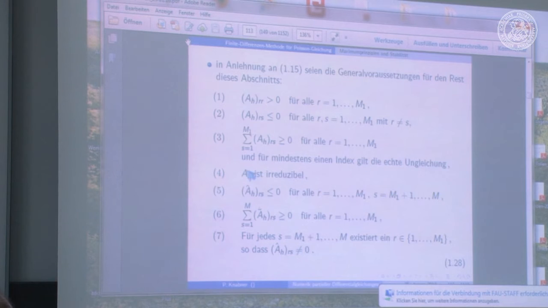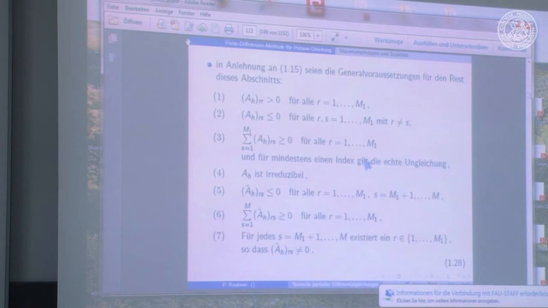Let's skip the fourth at the moment. This A hat matrix was the matrix which dealt with the eliminated Dirichlet data, and they had the same sign conditions and the same sum conditions. So the A tilde matrix was this rectangular matrix composed out of AH and A hat.